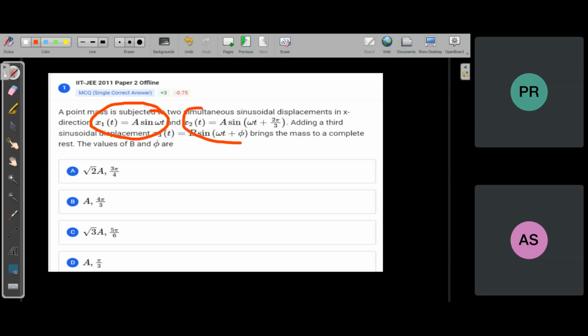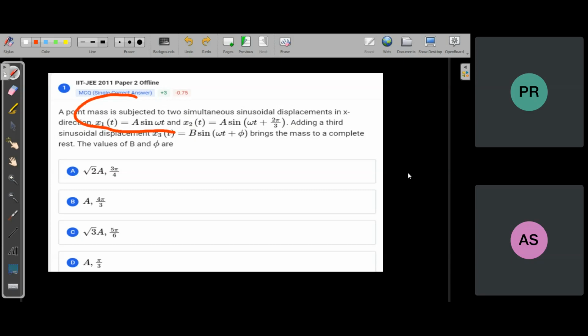This is also an equation of SHM. Both SHMs are done by the same mass. So the overall motion will be a combination of this and this. Now the thing is how adding a third sinusoidal displacement brings the mass to a complete rest.